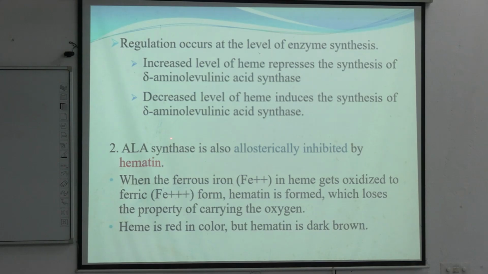Next, ALA synthase is also allosterically inhibited by hematin. What is hematin? When the ferrous iron in heme is oxidized to ferric form, it is known as hematin. In heme, the iron was ferrous. When it is oxidized to ferric, that same compound will be known as hematin, and hematin cannot carry oxygen.